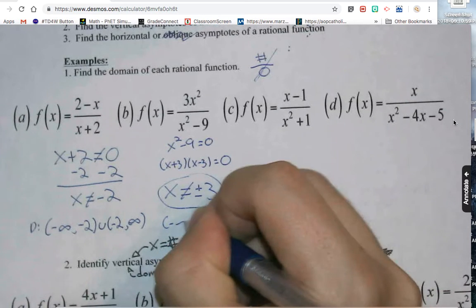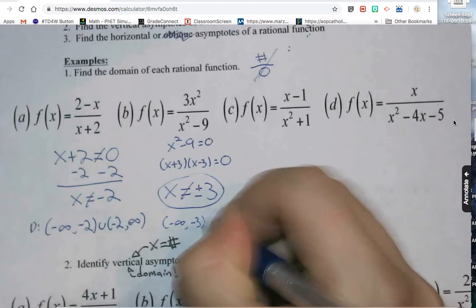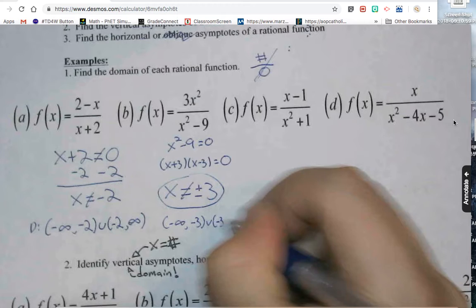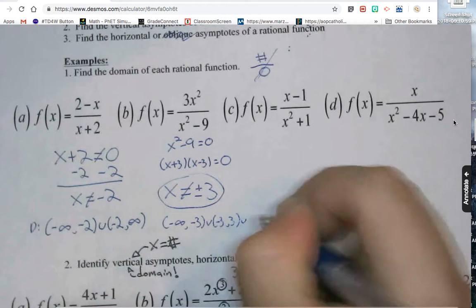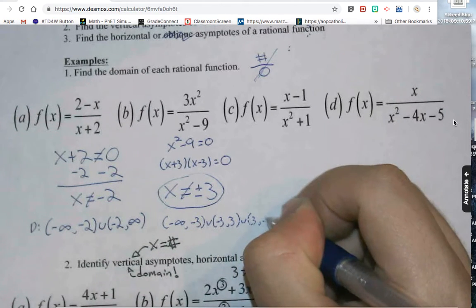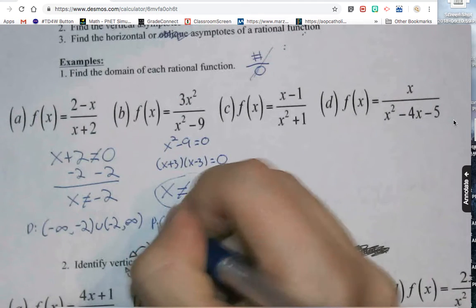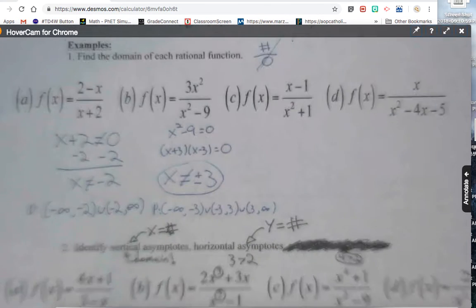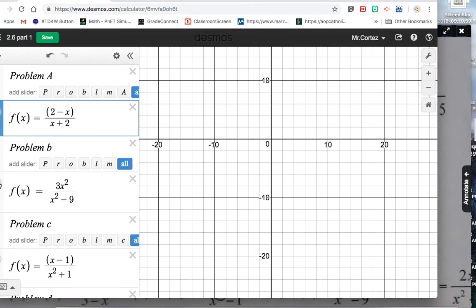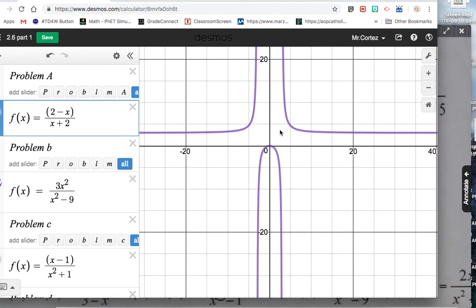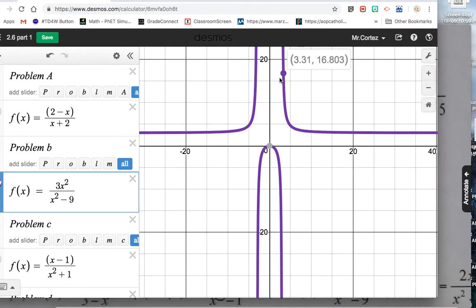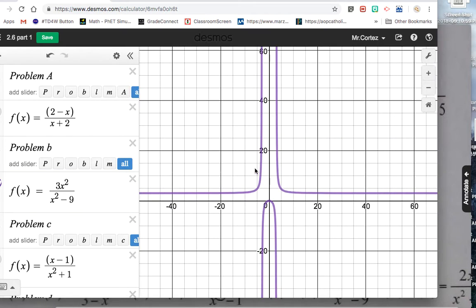Interval notation will look something like this, going from negative infinity to negative 3, negative 3 to 3, in union with 3 to infinity. If you're not convinced, it would look something like this. We see some weirdness when x tries to approach 3 but never quite gets there. And also for negative 3, we see that same kind of thing.